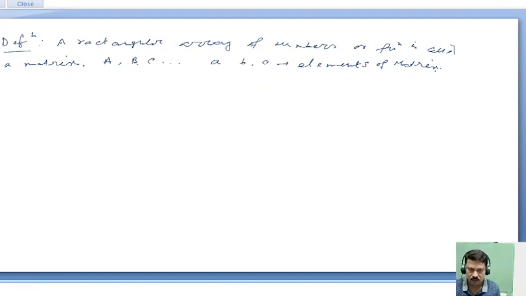Now we come to the next point, the order of a matrix. What is the order of a matrix?